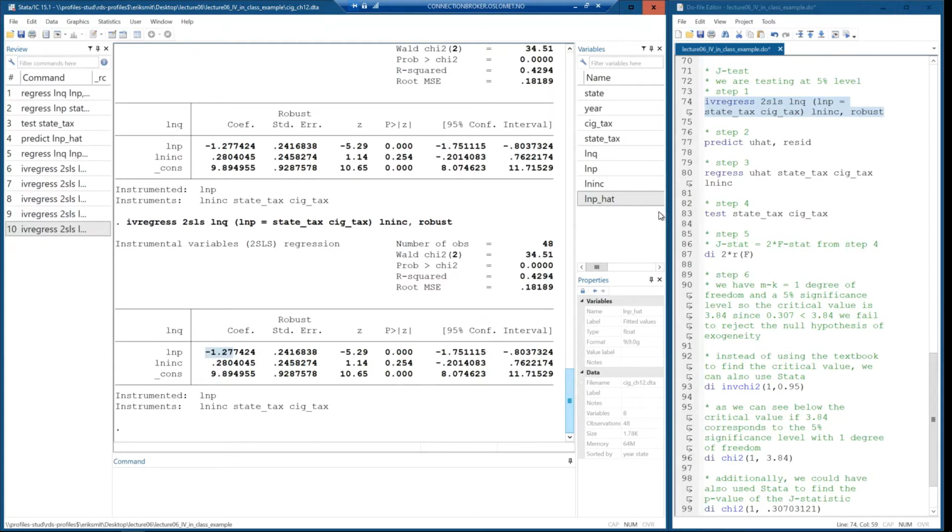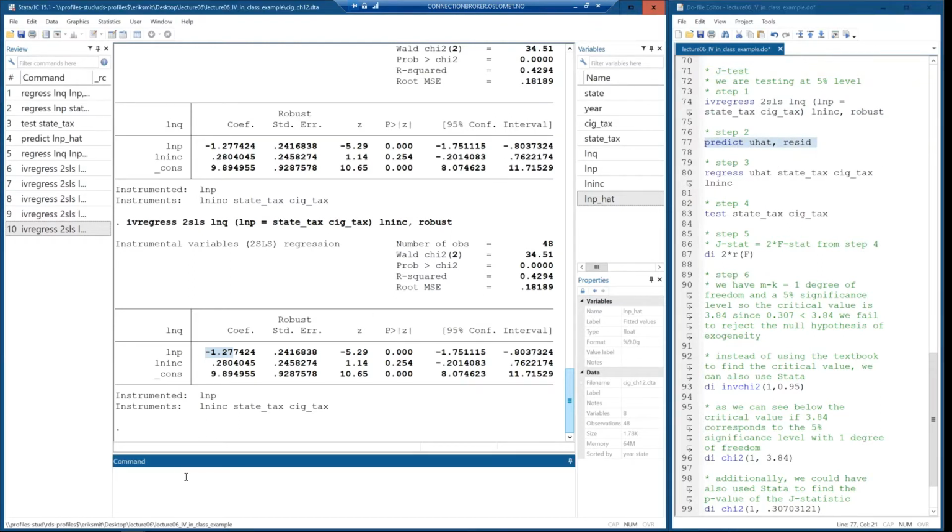The second step in the J-test is to predict, or to get, the residuals.